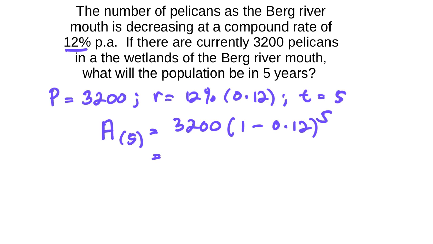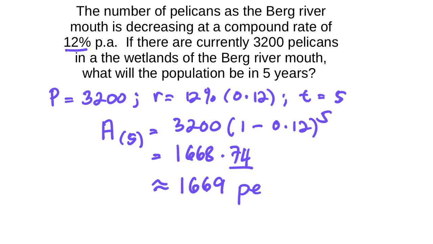This should give you around 1,668.74. Now, because 74 is not a whole number, maybe we can round it off to 1,669 pelicans at the end of 5 years. So this is what it means.